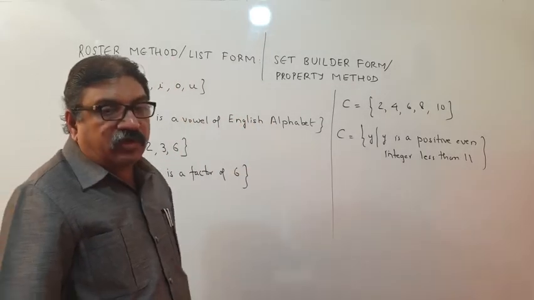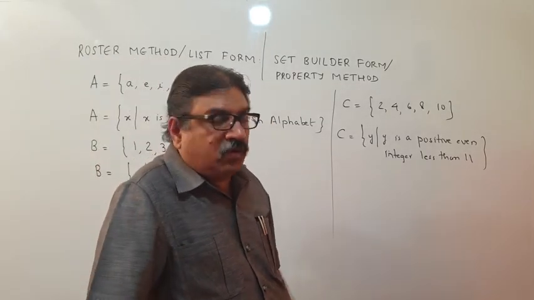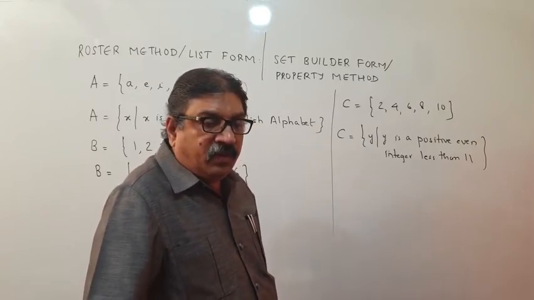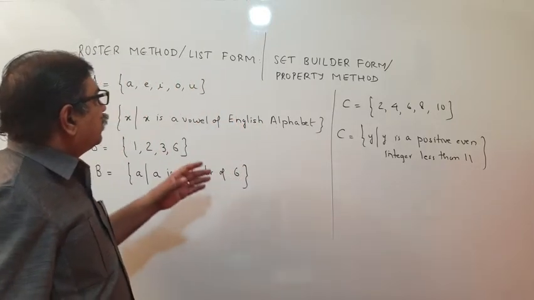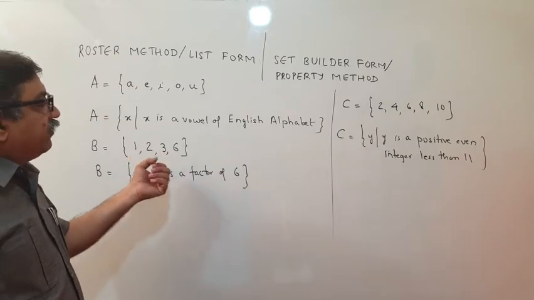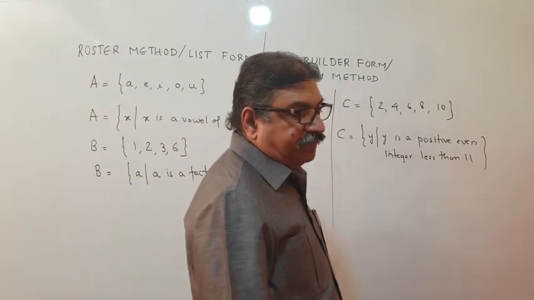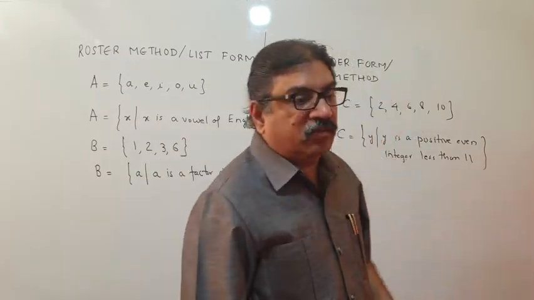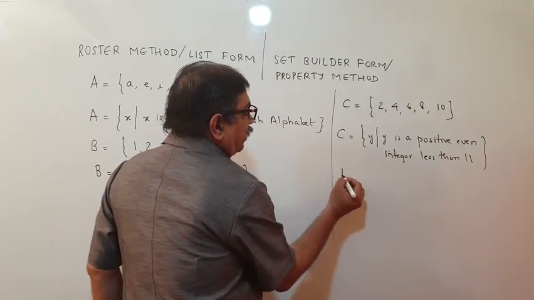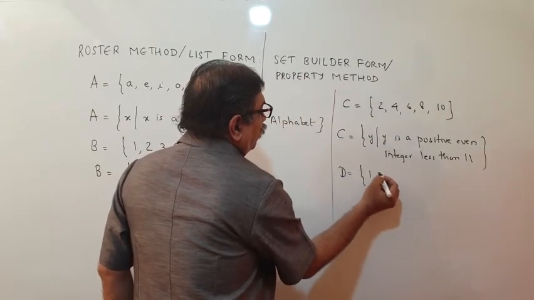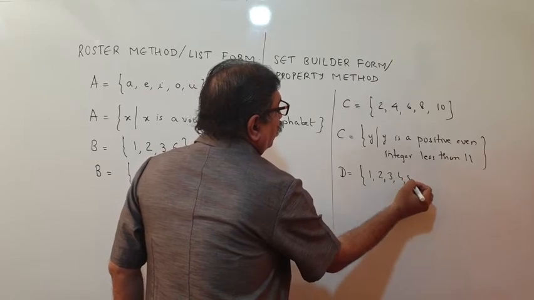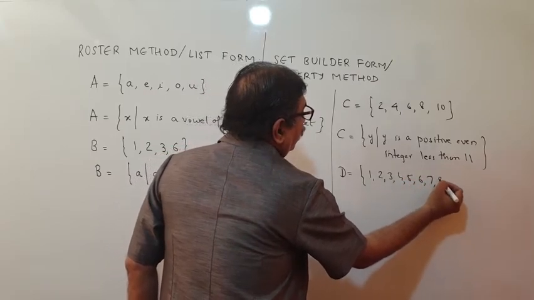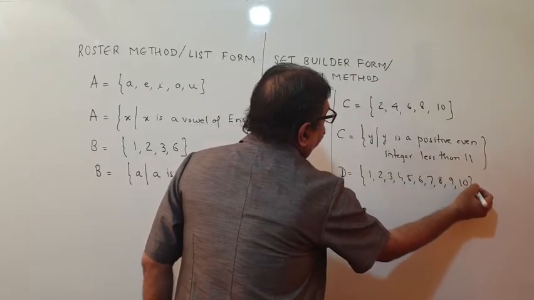So I told you about list form and property form or the set builder notation. Now children, these sets that you are seeing, this is having 5 elements, this is having 4 elements and 5 elements like this. If I want to write positive integers from 1 to 10, then there can be a set like 1, 2, 3, 4, 5, 6, 7, 8, 9 and 10.